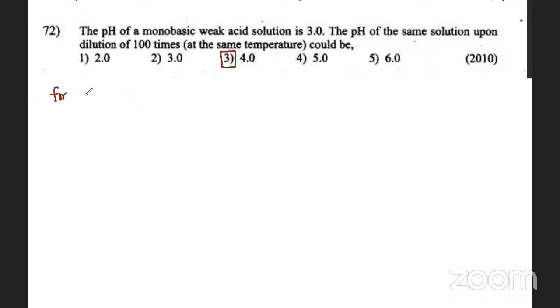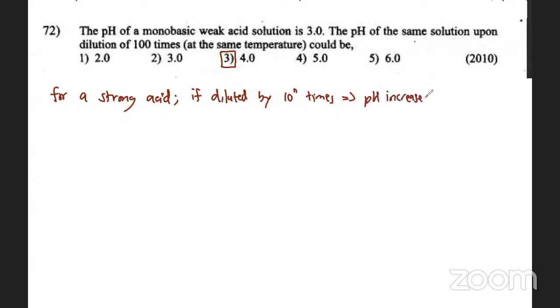For a strong acid, if diluted by 10 to the power n times, we studied pH increases by what? pH increases by n.